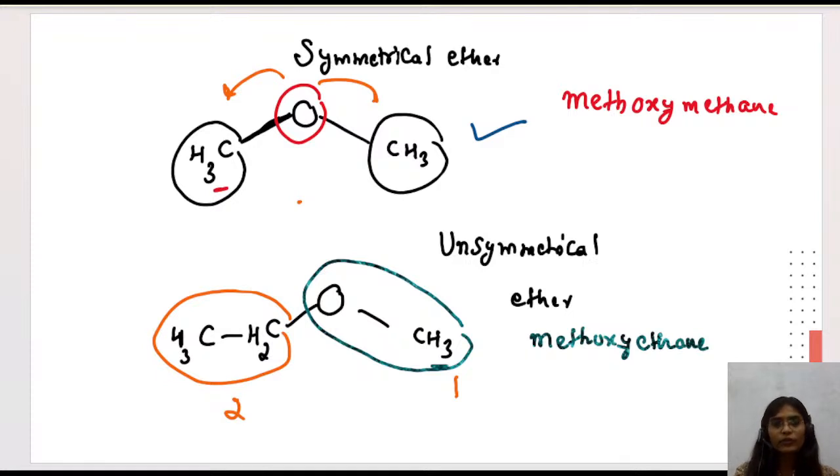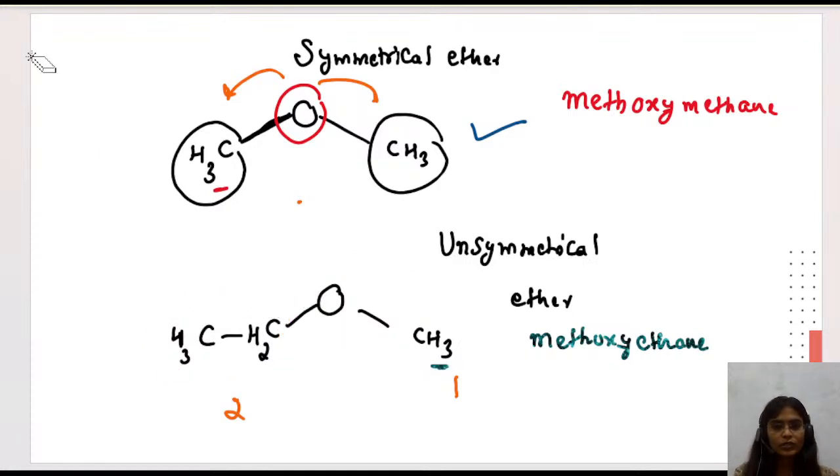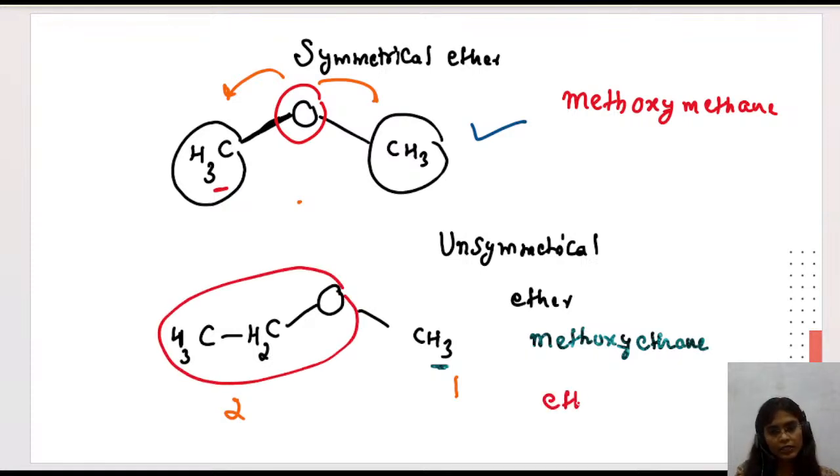Or condition number two, maybe this oxygen is going to combine with this part, so it becomes ethoxy, an ethoxymethane. So my question to you is how to identify which name is correct. Yes, Shiva, do you know the reason, because you already answered the question? Why is ethoxymethane not the correct answer here?